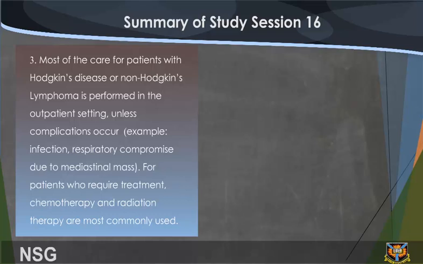Most of the care for patients with Hodgkin's disease or non-Hodgkin's lymphoma is performed in the outpatient setting, unless complications occur. Example: infection, respiratory compromise due to mediastinal mass. For patients who require treatment, chemotherapy and radiation therapy are most commonly used.